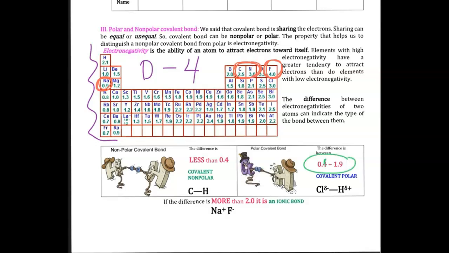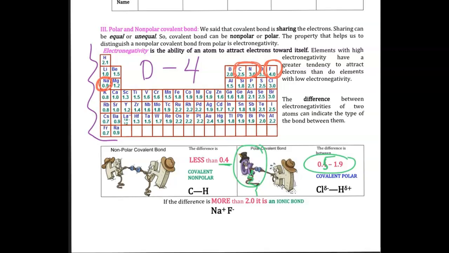If the difference between electronegativities is more than 0.4, let's say from 0.5 to 1.9, and in your book they mention 1.8, we can say this is only approximate.